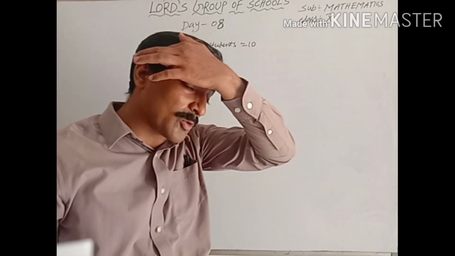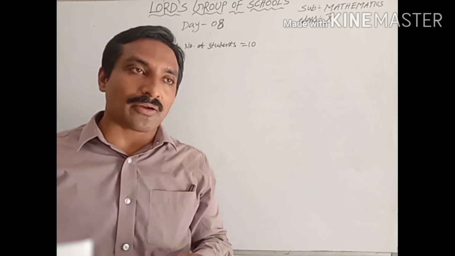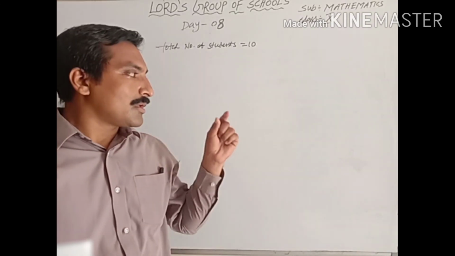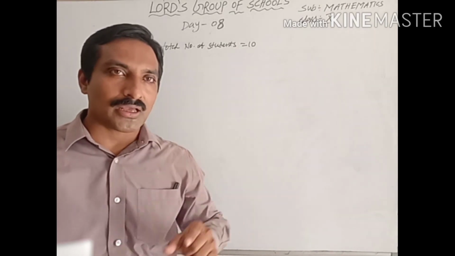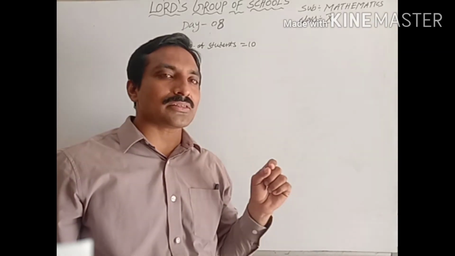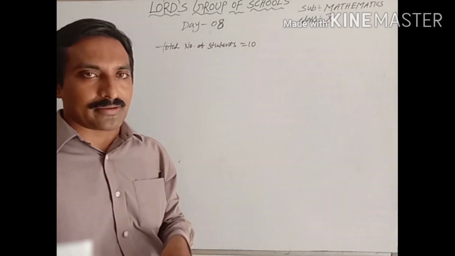Once again I will repeat the question. In a class of 10 students, the number of girls is 4 more than the number of boys. Then find the girls and boys. That means the total number of students is 10.